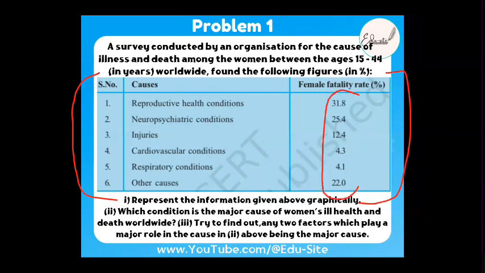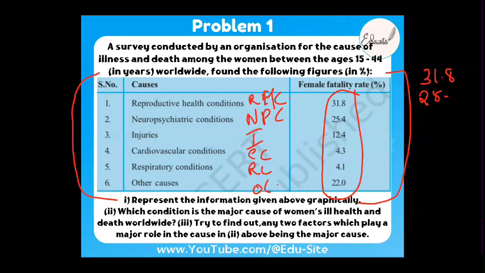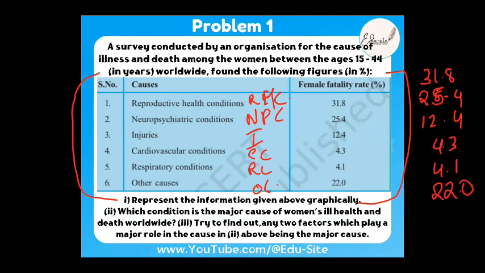I'll tell you what these are during the class itself. RHC, you can write just the short forms. NPC, I, CC, RC, OC. Just write this: 31.8, 25.4, 12.4, 4.3, 4.1, 22.0. Done. Done, Laiba? No. Okay, no problem.